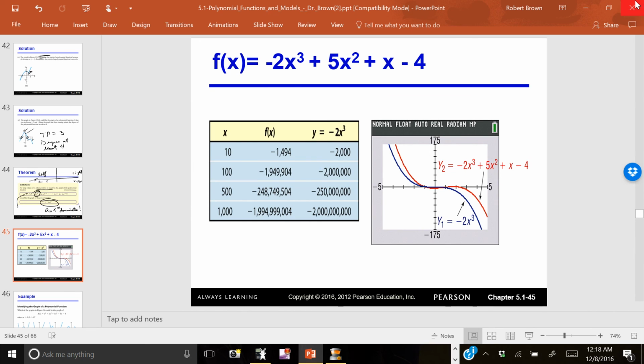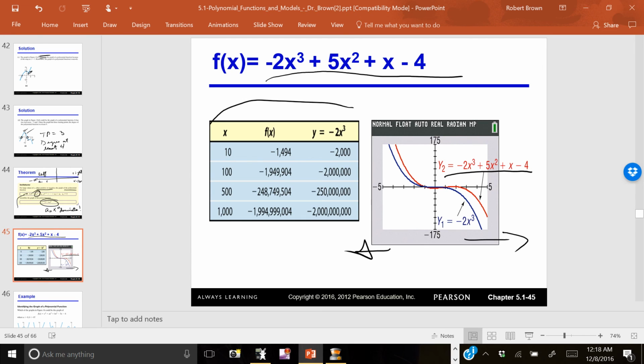For example, we plotted here a cubic function in red, and then we plotted minus 2x cubed. Notice that as x goes to infinity and minus infinity, the two graphs are going to look closer and closer like one another.